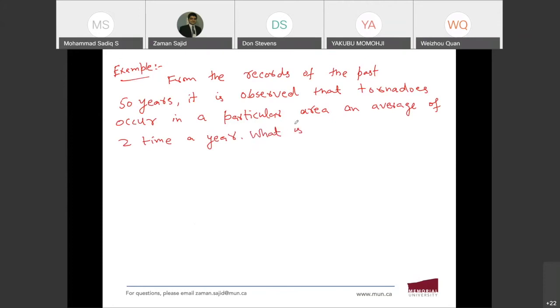What is the probability of no tornadoes in the next year?